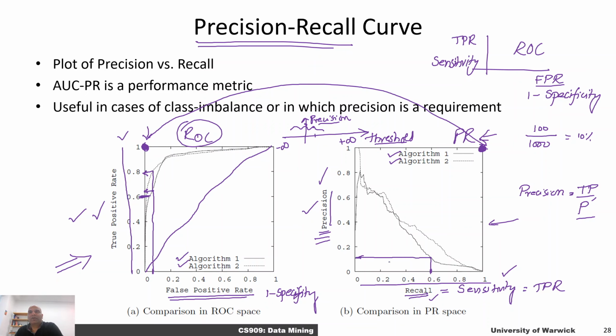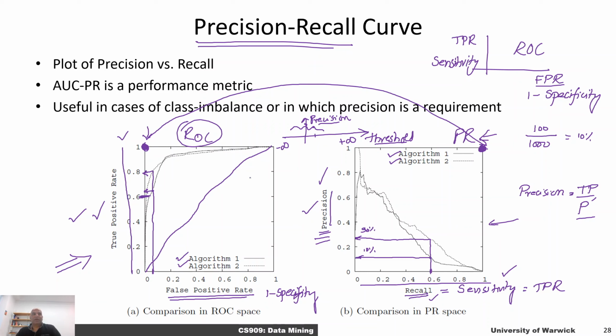It's close to about 10% for algorithm 1, the solid line. And in comparison, we can see that the precision of algorithm 2 is much higher. It's close to 30%. And we can say that at this operating point where you want 60% recall, algorithm 2 is actually better than algorithm 1. So the same conclusion follows whether you analyze it in the PR space or in the ROC space.